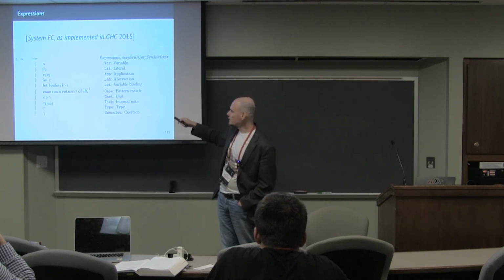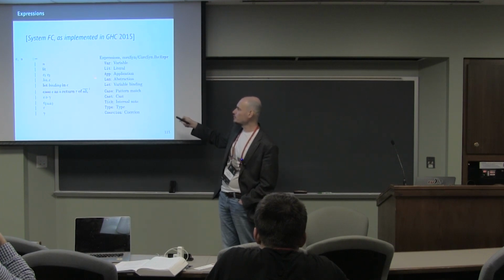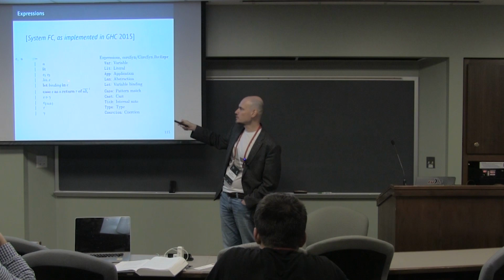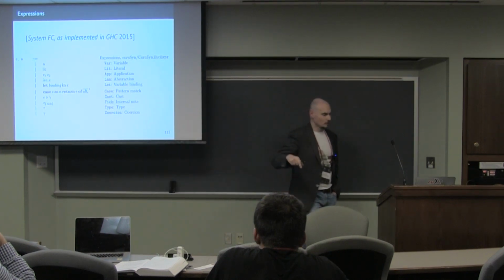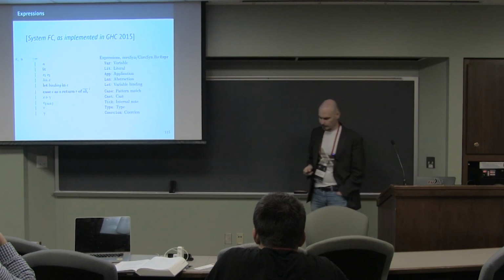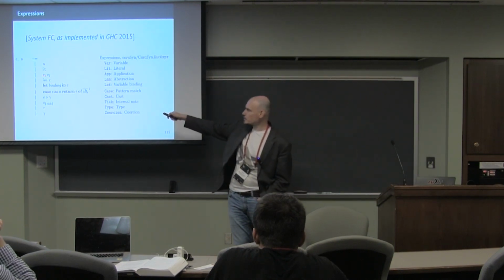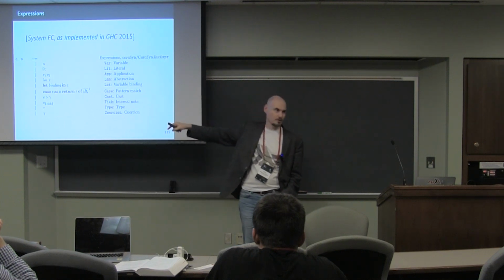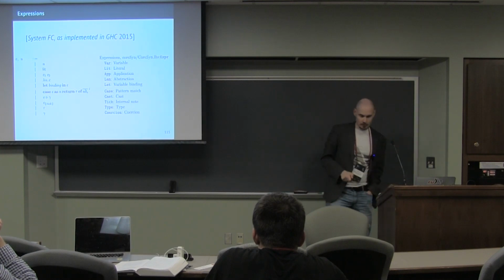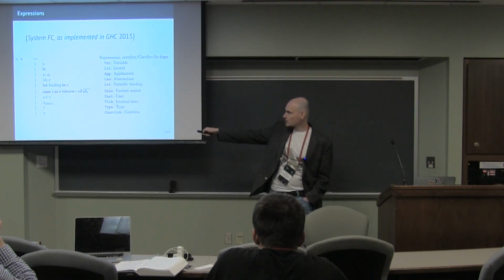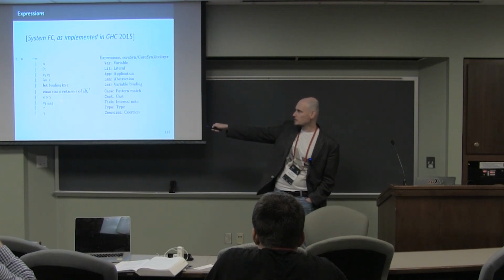So you can see here only one sort of lambda abstraction, but we'll use it for types, for kinds, and for values. You can also see here one application, and it will be used for values, types, kinds, for everything. You can also see coercions here, and these cast operators that we've discussed here.